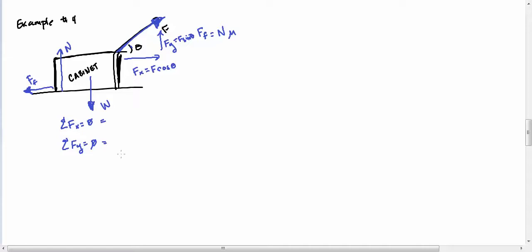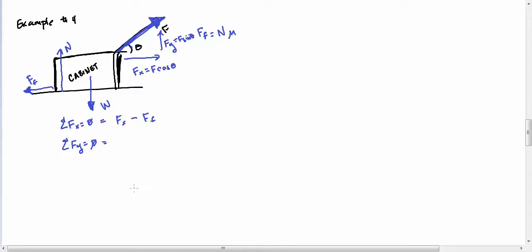So if I'm talking about the forces in the x direction, I have the x component of this force up here. And the other force that I see in the x direction is F of f. So I'm going to subtract F of f. And why did I subtract it? Well, it's because it's going in the backwards direction.